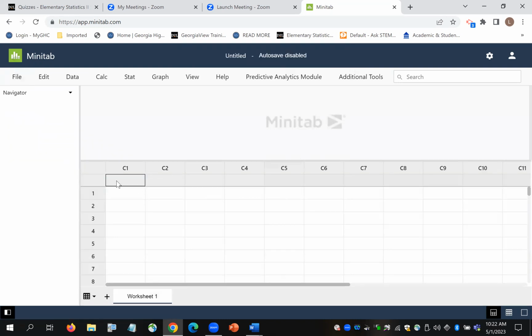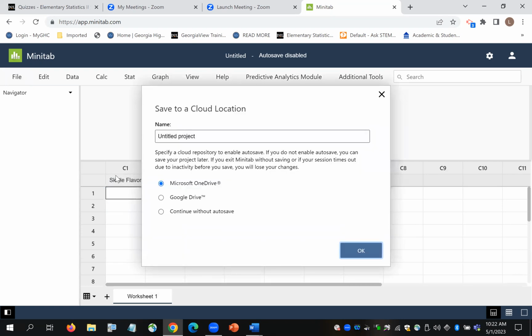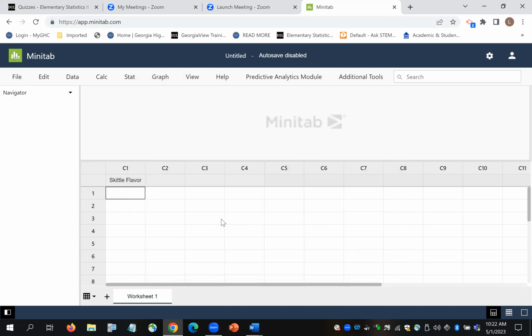This time I'm going to put the Skittle flavor. And if I look at that list, even though it's not in table form, we have lime, lemon, orange, strawberry, and grape.